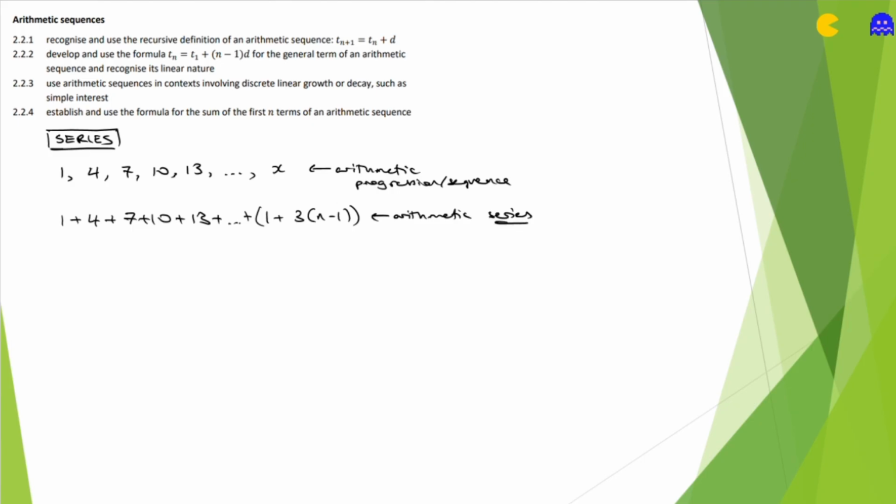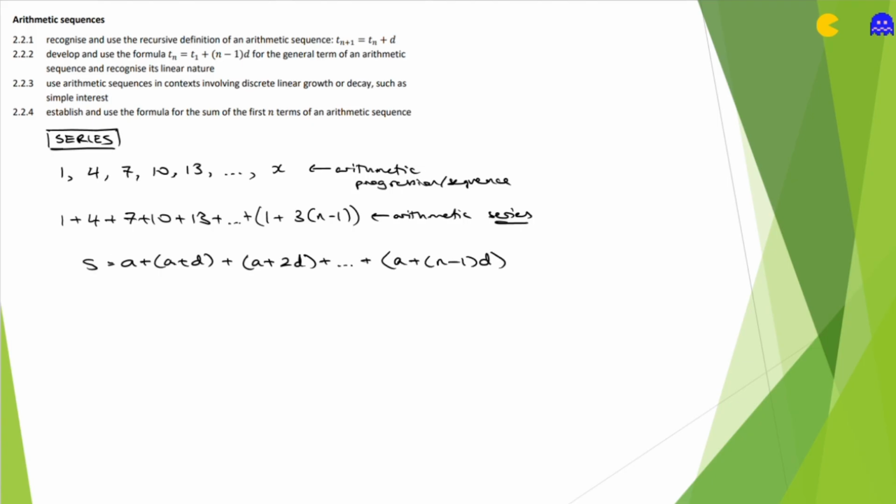If we want to define what the formula for the arithmetic series is, we can define a series, a sum of all the values, as a plus a plus d plus a plus 2d plus so on and so forth, until we eventually reach a plus n minus 1 times d.